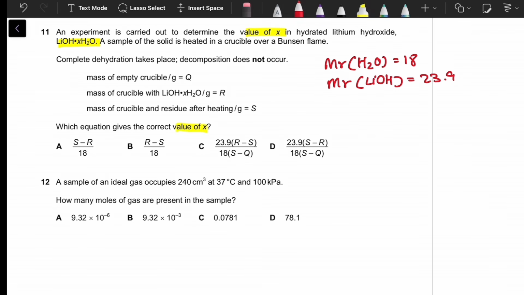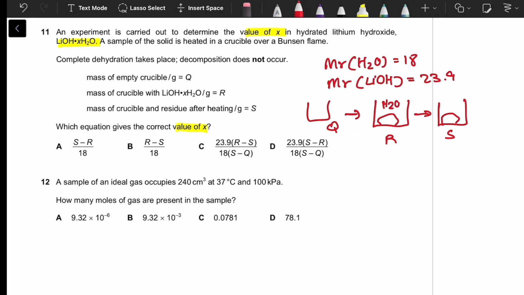So let's take a look at what's going on. The mass of the empty crucible is Q. Then the mass of the crucible plus the hydrated solid is R. Then we heated it, got rid of all of that water, and ended up with the solid alone with a mass of S.